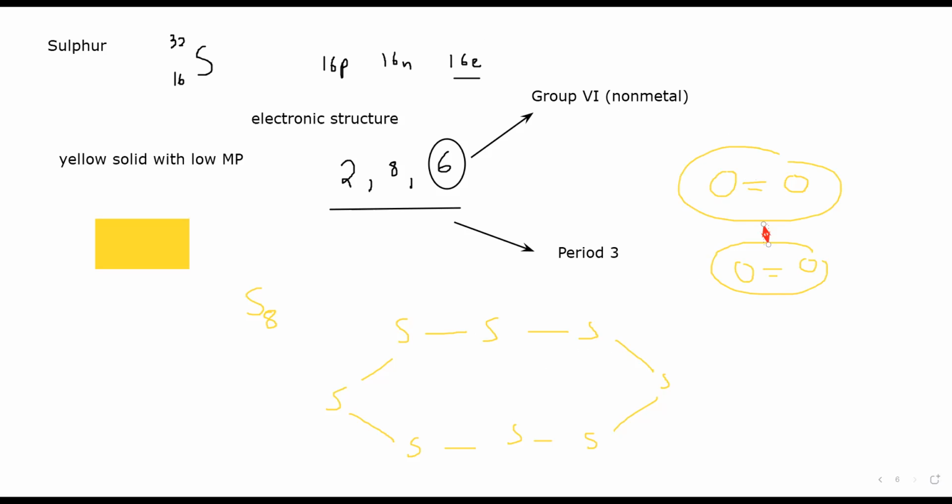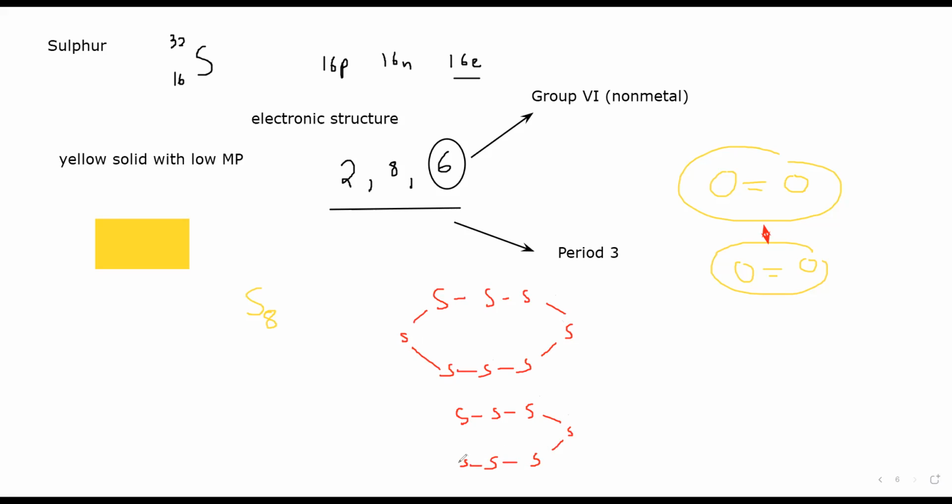But what happens in the case of sulfur? As the number of atoms within the structure increases, the force between the molecules also increases. So basically, 8 sulfur atoms make one molecule, then there will be another molecule. Which one do you think will have more attraction, between sulfur molecules or between oxygen molecules?